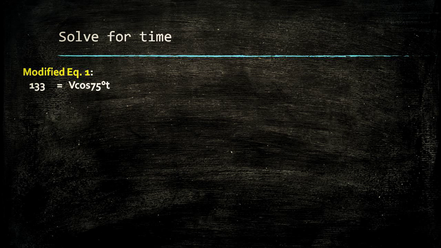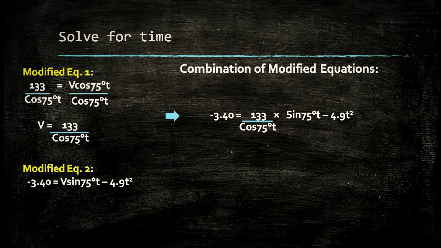Using these formulas for velocity, we will now solve for time. First, we will revise the first equation in terms of velocity, which will give us v equals 133 divided by cosine 75 degrees times time. We will substitute this value for v into our second equation.